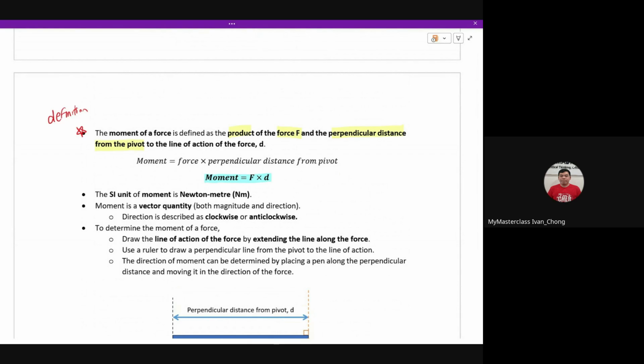Force is in newtons and distance is in meters, so the unit is the newton meter. What's special is that it is a vector quantity, so you need the direction: clockwise or anti-clockwise. Clockwise is the direction a clock always turns. Anti-clockwise is the exact opposite.